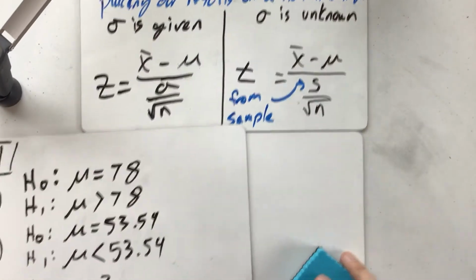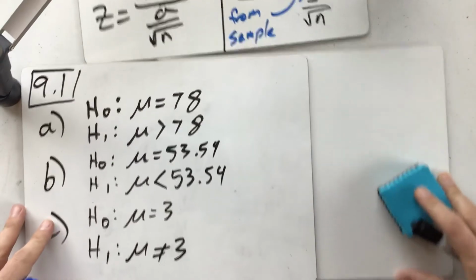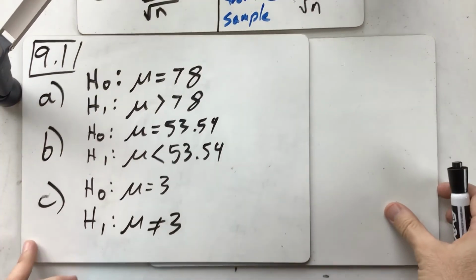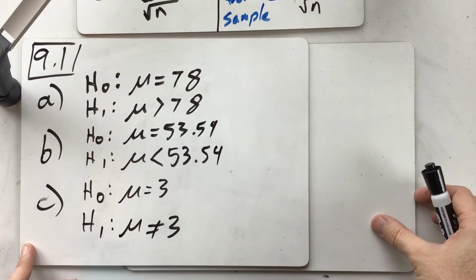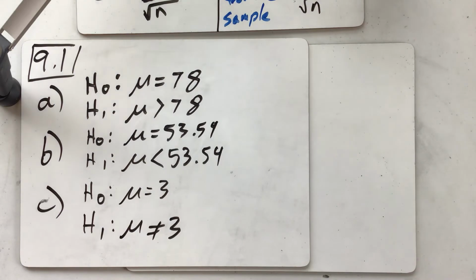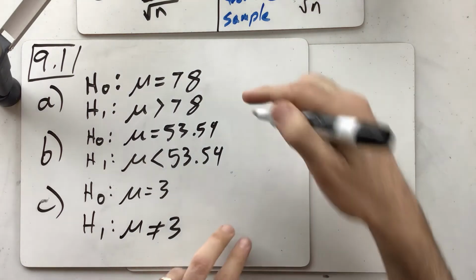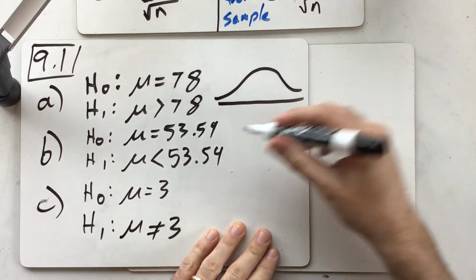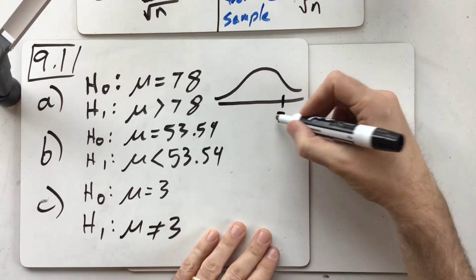Okay. So I'm going to try to do this and see if I have enough space to see everything. All right, there we go. I think we can see everything now. On this first one, we're going to get a distribution that looks something like this, and we're going to calculate our Z value to be right here.